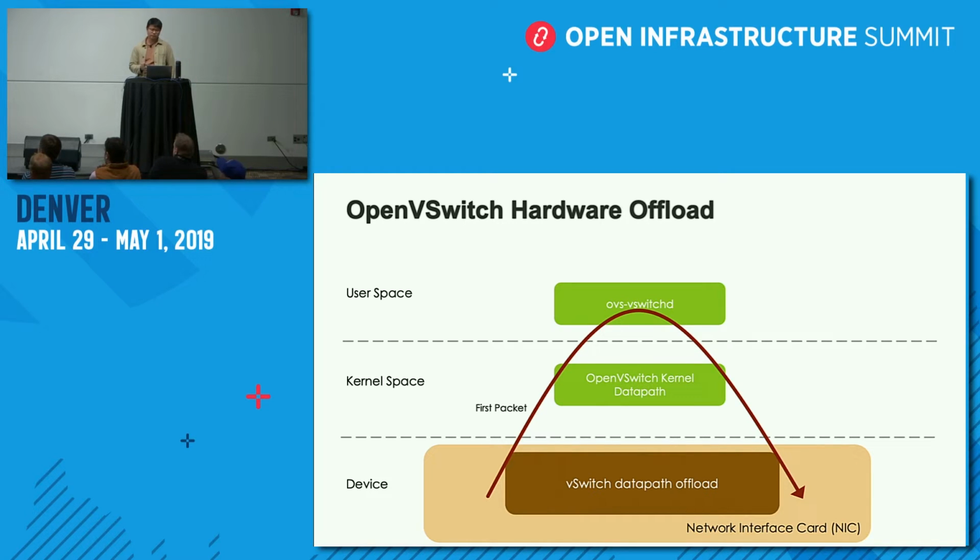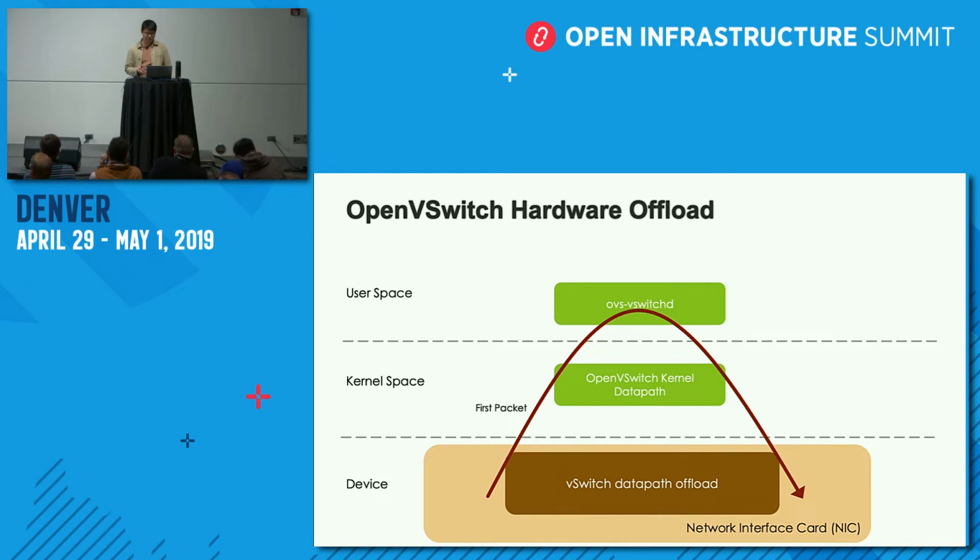Let's see how multiple data paths work in the OpenResearch hardware offload scenario. Again, when the first packet of a network connection is sent out, the hardware data path will receive it first because it is closer to network devices. But the hardware data path has no idea about how to handle the packets because OpenResearch only stores all OpenFlow information in OVS-VSHD in user space.